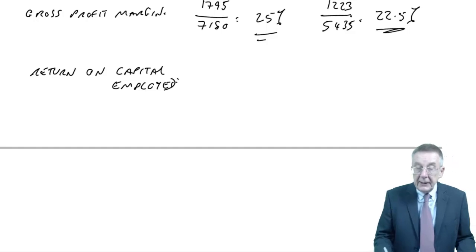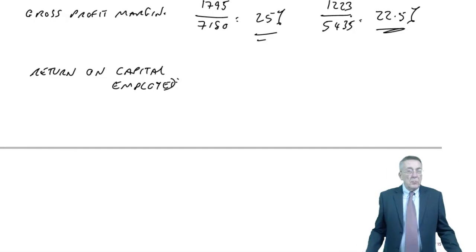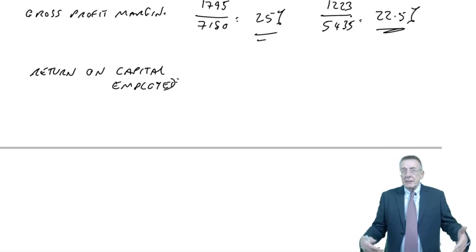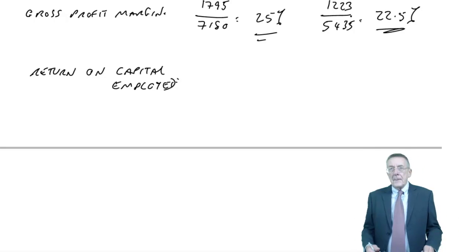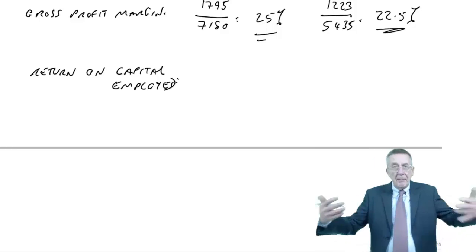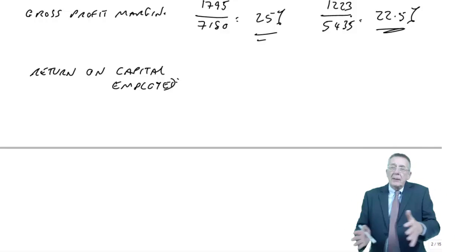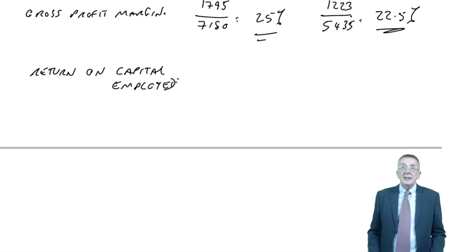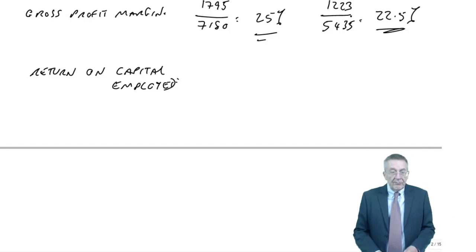I said when we started that, okay, we always want more profit, but if we've expanded the company by raising more money, buying more machines and so on, if the company's a lot bigger, we'll be expecting more profit, we'll need more profit to be doing as well.